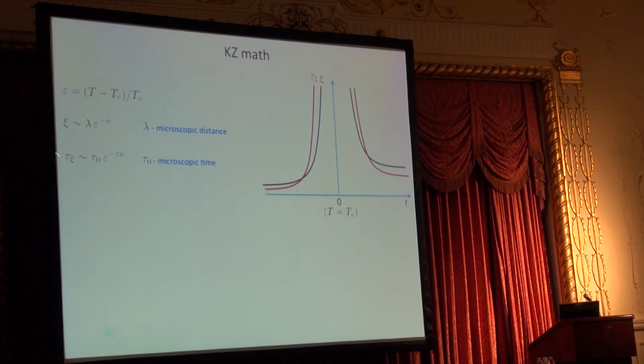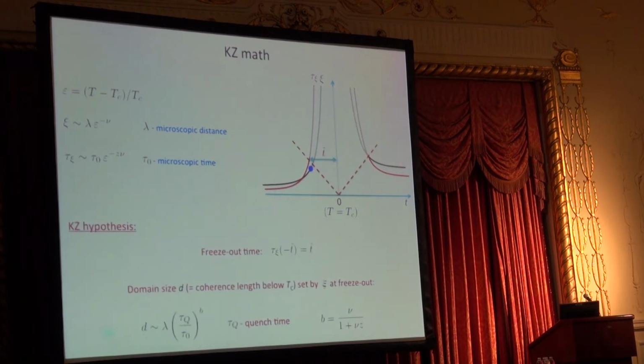And then the diverging relaxation time is linked to xi via another critical exponent z, which is called the dynamical critical exponent, okay? So this is all pre-KZ.